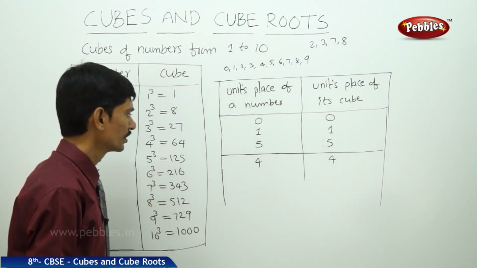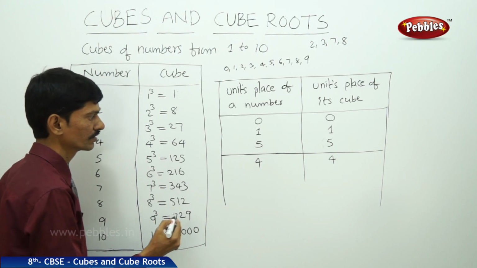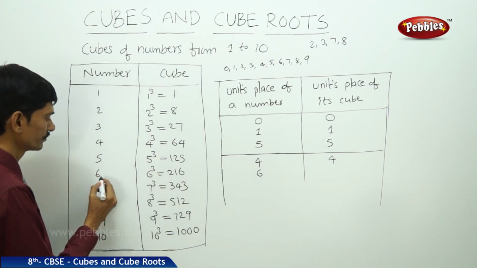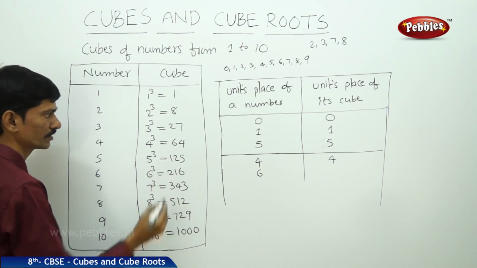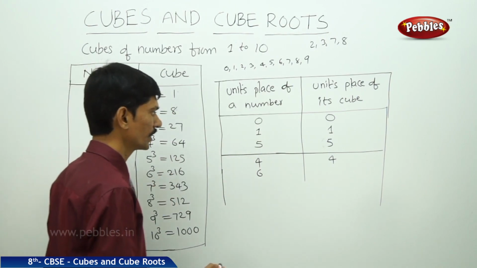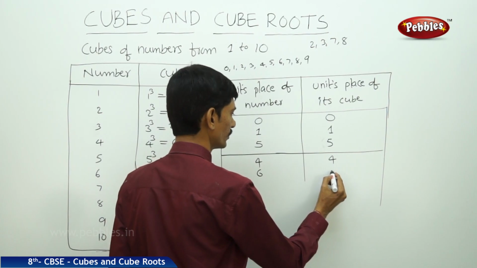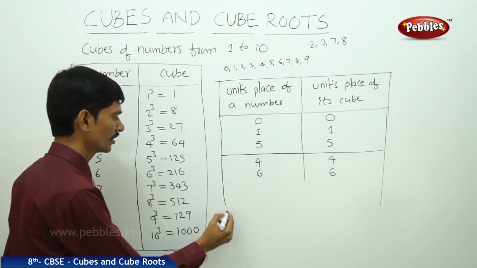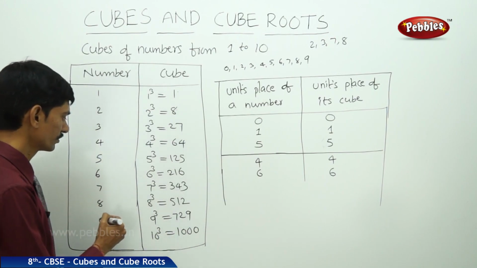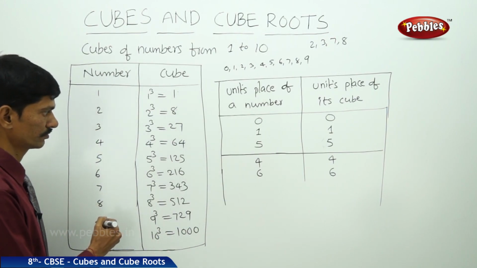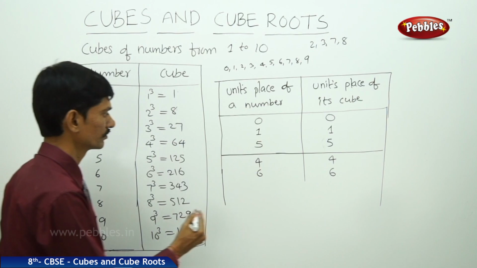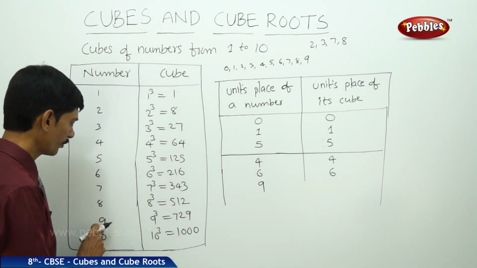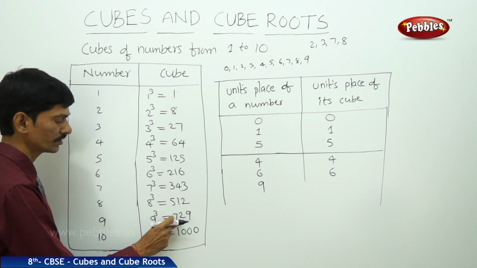Next, if the given number ends with 6, then what about its cube? 6 cube is 216, so its cube again ends with 6. Now if the given number ends with 9, then what about its cube? Its cube also ends with 9.